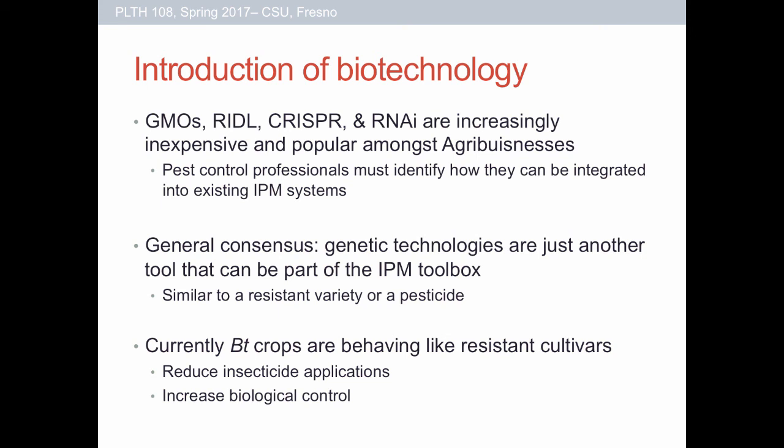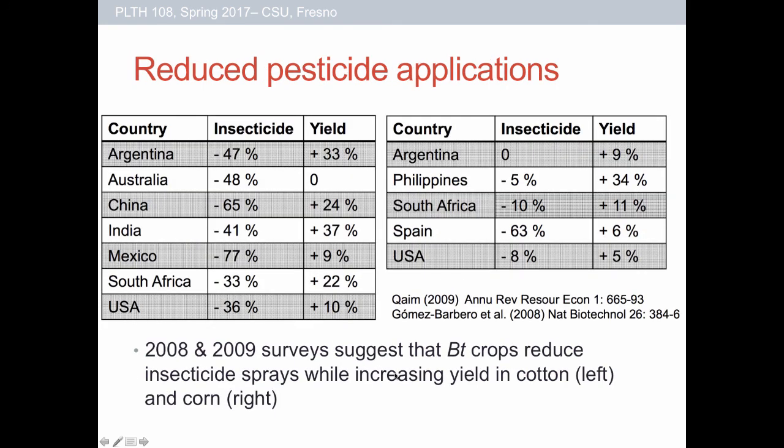Perhaps the best example of genetic technologies being integrated into control would be something like Bt crops, that generally people treat as if they are just resistant cultivars, even though at their very heart they are a completely novel product that doesn't really behave entirely like a resistant crop variety. But generally, you get a similar reaction: decreases in insecticide applications and increases in biological control. So these are some surveys done in 2008, 2009, looking at Bt crops.